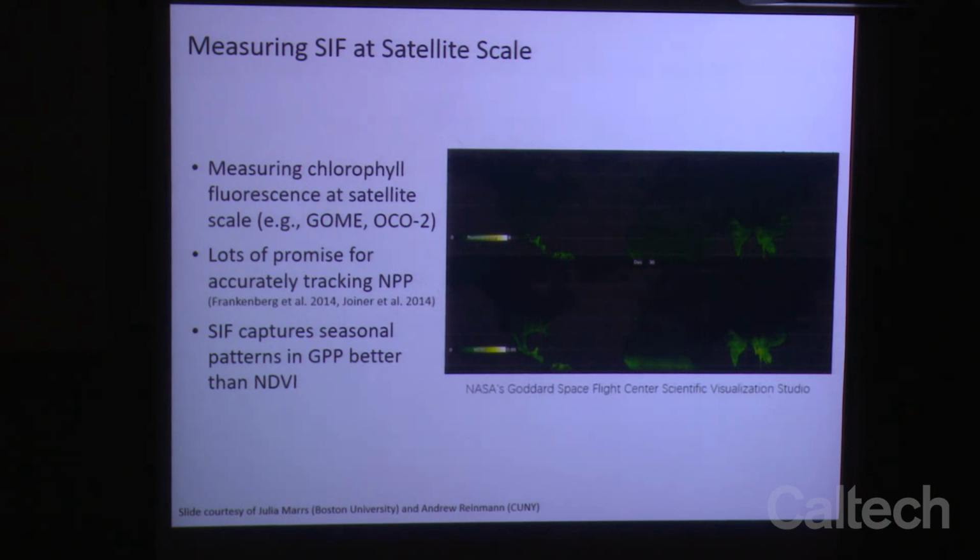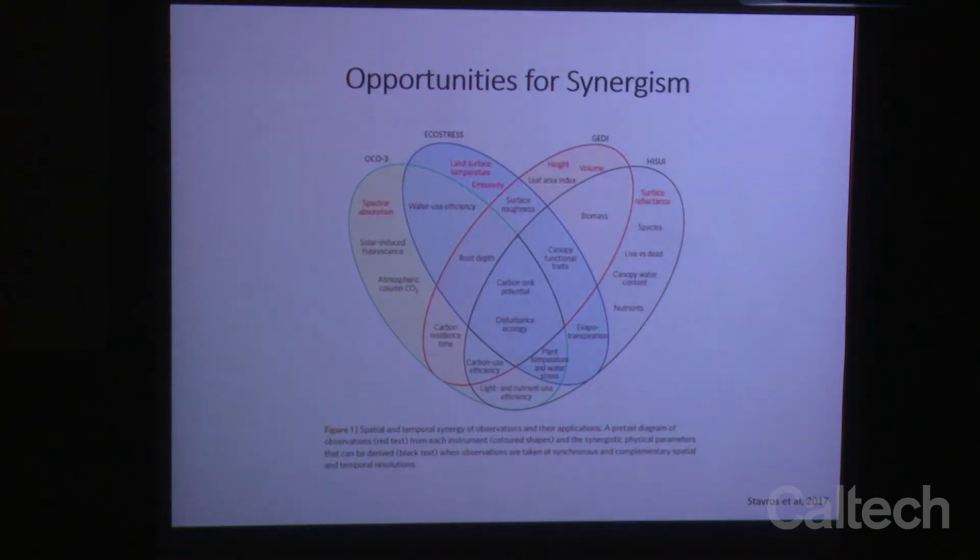So along those lines, I'll wrap up with this. These are four sensors that are either flying or to be flown soon on the International Space Station: OCO-3, ECOSTRESS, GEDI, which is a continuous wave LiDAR, and a spectrometer. I think Phil will cover spectrometry after the break.